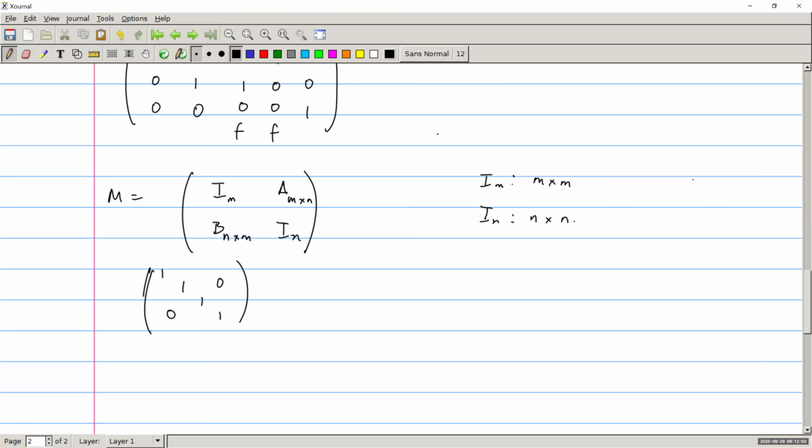Now you're doing elimination on M. Where will you look for your first pivot? What do you find there? A 1. And that's your first pivot.